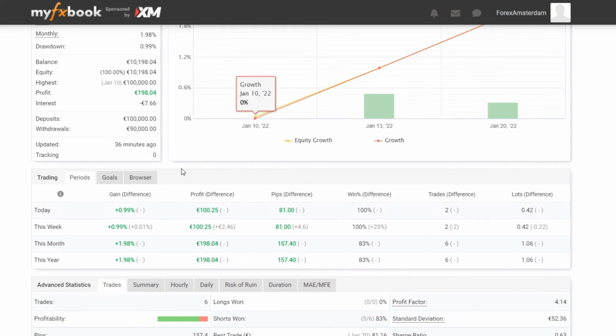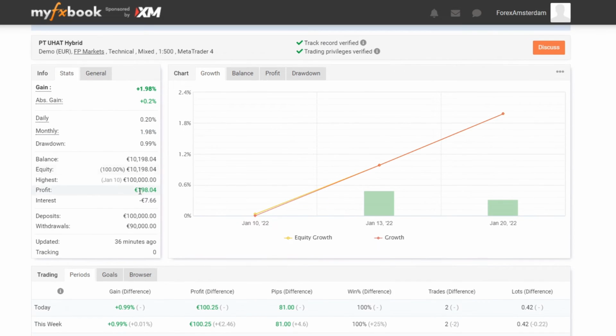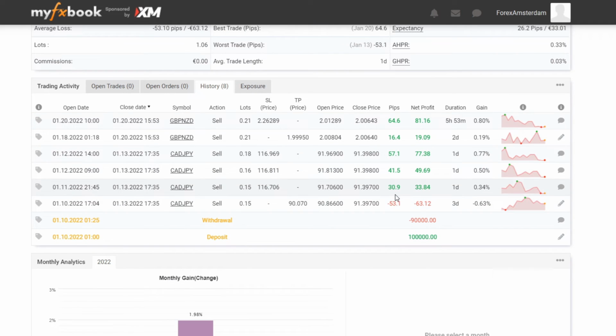As you might remember, in my previous video I told everyone that I would track this trading system using my FX book page. And as you can see over here, I started with 10k. First it was 100k, but then I took 90k out, as you can see, withdraw. So then I was left with 10k. So we got one trade, the last one, the CAD JPY, and I made about 100 euros or dollars on that.